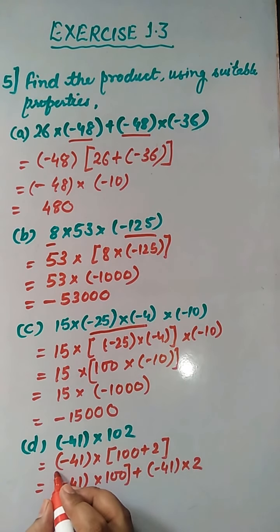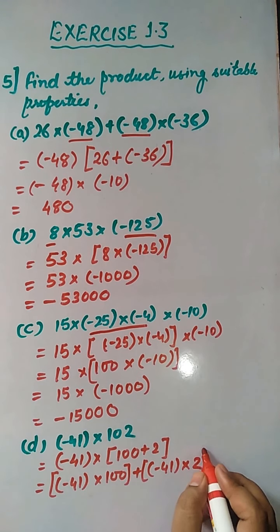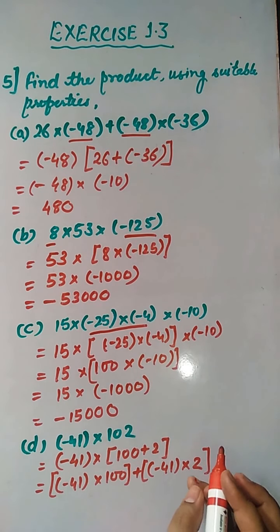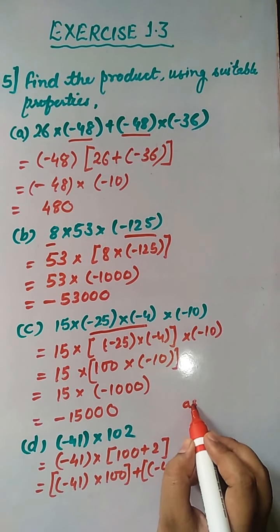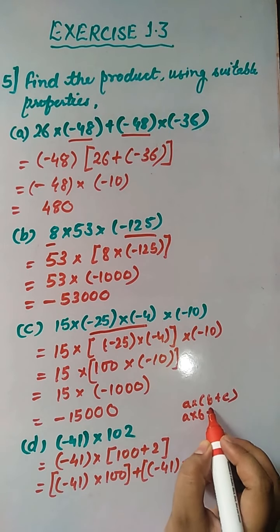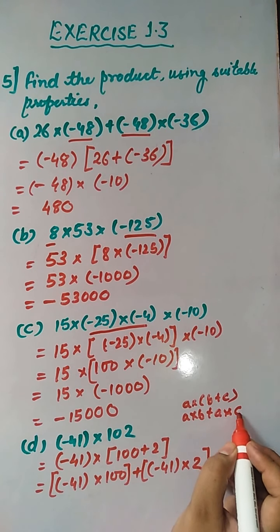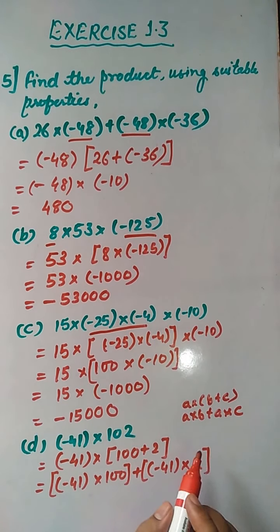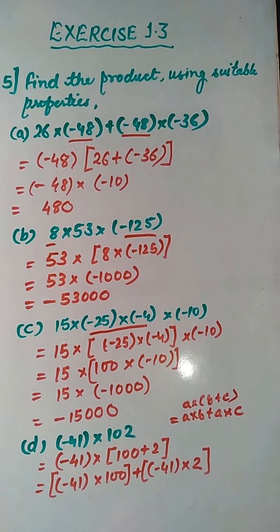This is in one bracket. I hope distributive property is clear to you all, that is A into B plus C. If you remember, A into B plus A into C. This I have told you in the properties classes. Understood?